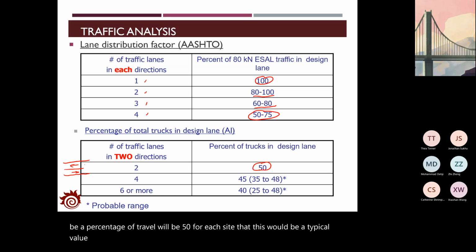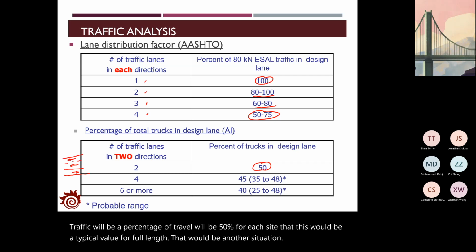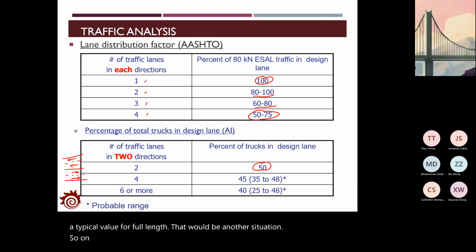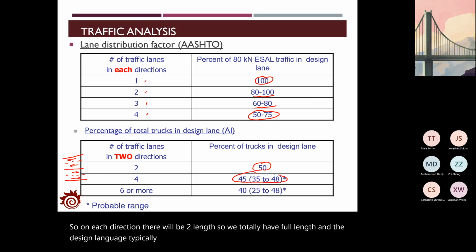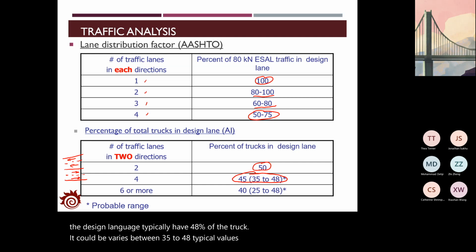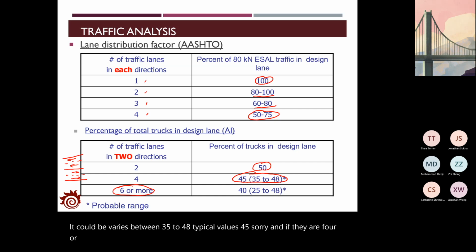For 4 lanes, that would be another situation. On each direction there will be 2 lanes, so you have 4 lanes in total, and the design lane will typically have 45% of the trucks. It could vary between 35 and 48. And if there are 6 or more lanes, then the typical percentage is 40, and it varies between 25 and 48. So that's the lane distribution factor.